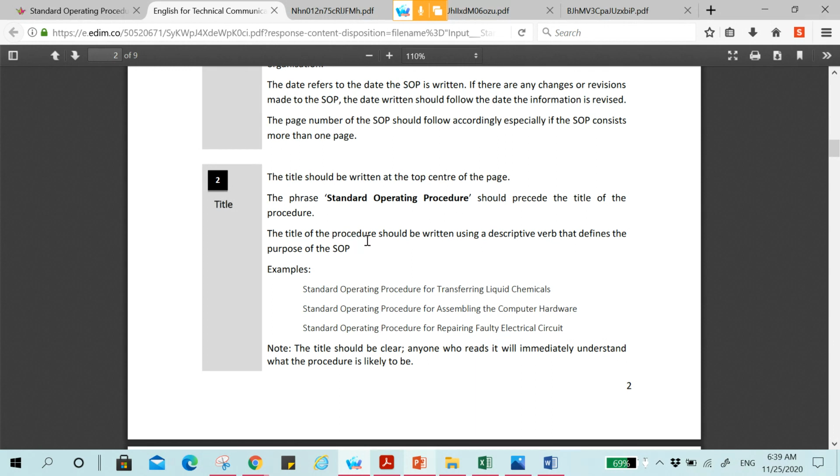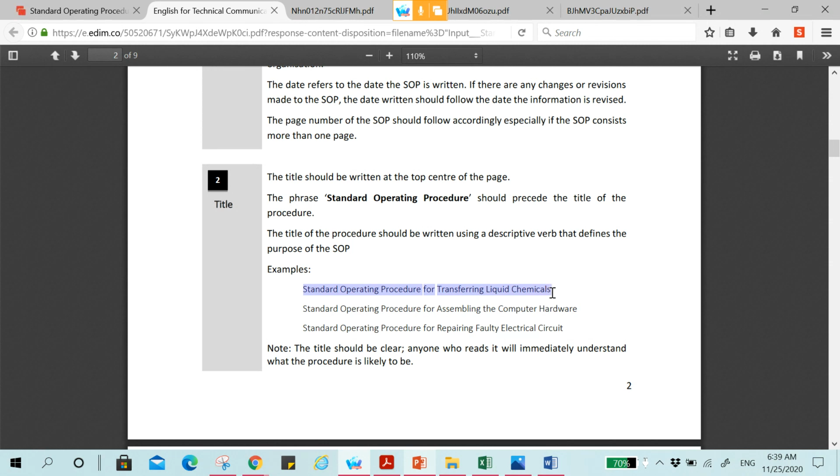The title of the procedure should be written using a descriptive verb that defines the purpose of the SOP. So for example, we have Standard Operating Procedure for transferring liquid chemicals.